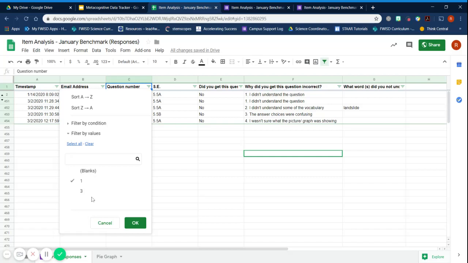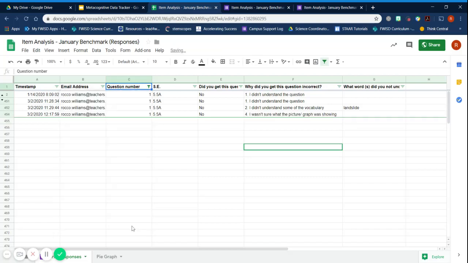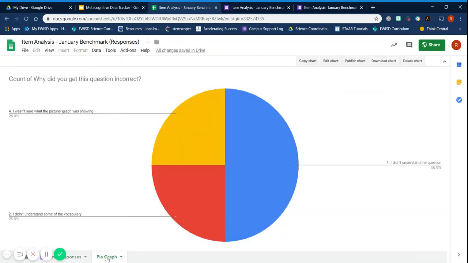I can just filter out question number 1 and it will actually update my pie graph. And I can see, wow, 50% of the time the kids got it wrong. It was because they didn't understand the question. So I need to go back and look at number 1 and figure out, why didn't the kids understand what this question was asking? It's just a more specific and intentional way to look at your data and what your kids are telling you as to why they're missing these questions.